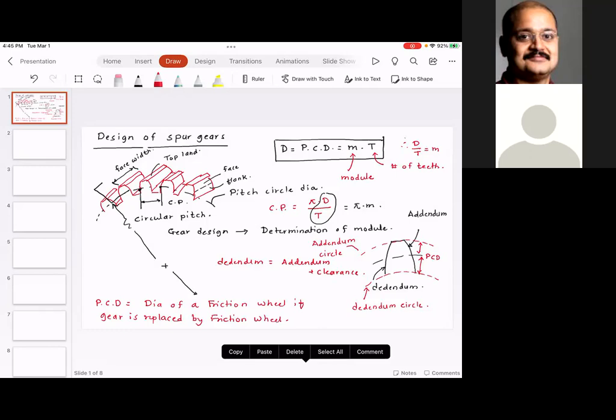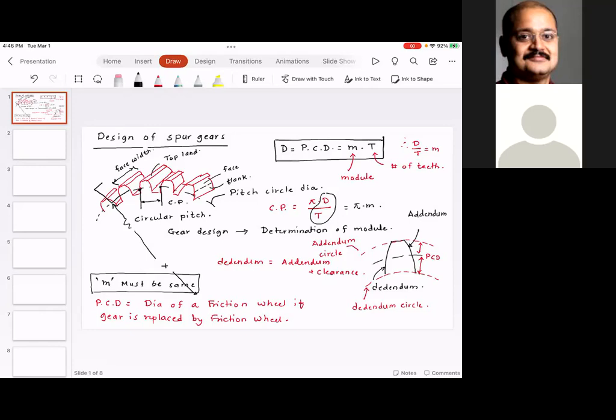Now, another important thing that I want you to remember, the module must be the same. You cannot have a 5 millimeter module pinion meshing with a 10 millimeter module gear. It is impossible. Once you decide to design the gear, gear design means determination of module. And we will talk about how to determine the module using the beam strength and other equations.